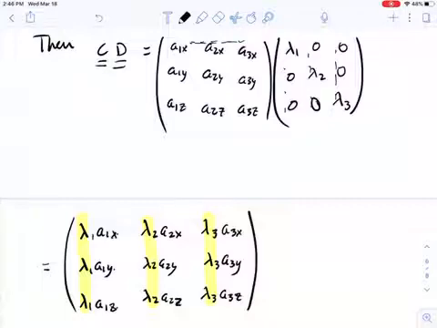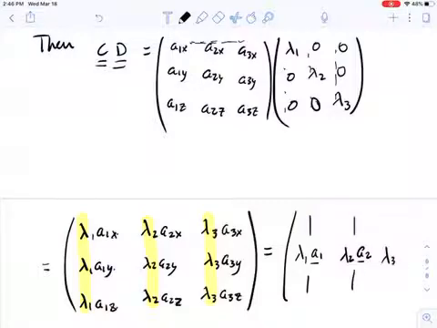So using the funny little notation I made up before, we could write this as lambda 1 times the A1 column vector, and the second column is lambda 2 times the A2 column vector, and then lambda 3 A3. So that's C times D, the diagonal matrix.